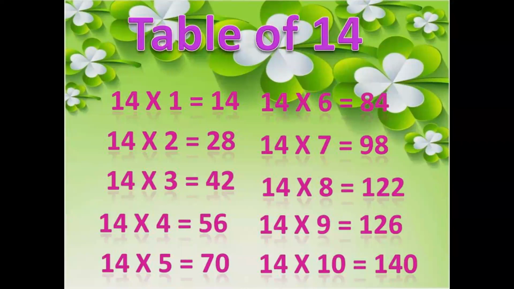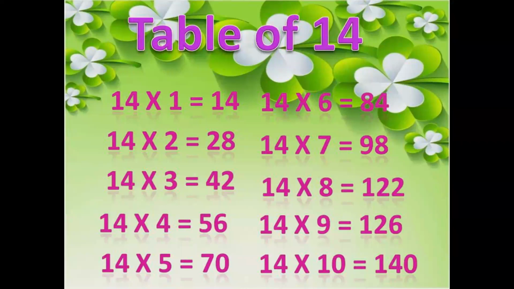Repeat the table once again, dear. 14 ones are 14, 14 twos are 28, 14 threes are 42, 14 fours are 56, 14 fives are 70, 14 sixes are 84, 14 sevens are 98, 14 eights are 122, 14 nines are 126, 14 tens are 140.